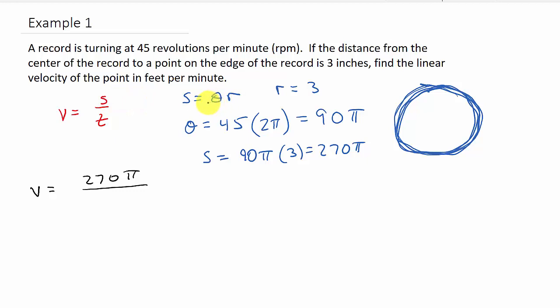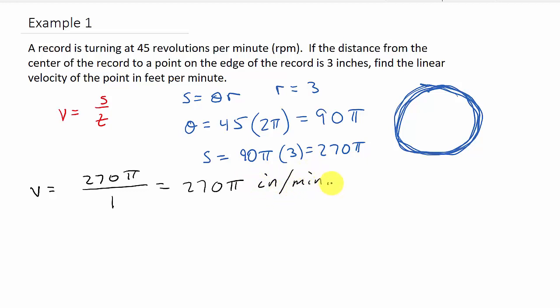Now, what's time t? Well, S is 270 pi. How long did it take for that point to go 270 pi? Well, it's revolutions per minute, so it took 1 minute. So t is 1. And so the linear velocity is 270 pi, and that is inches per minute.